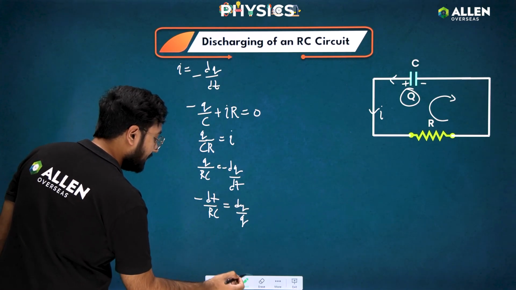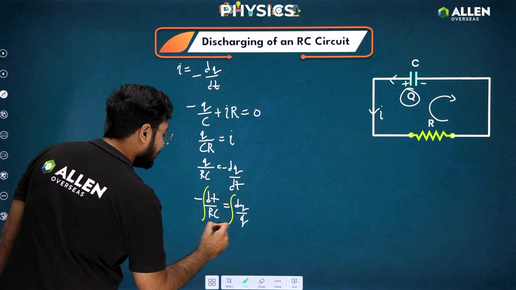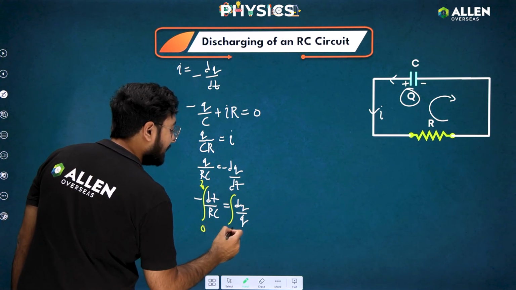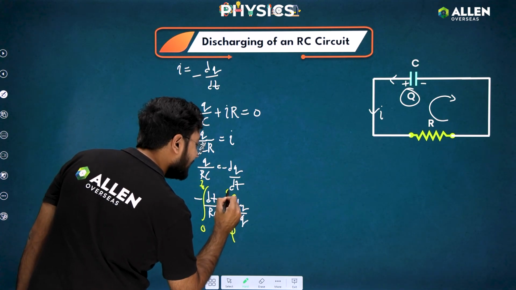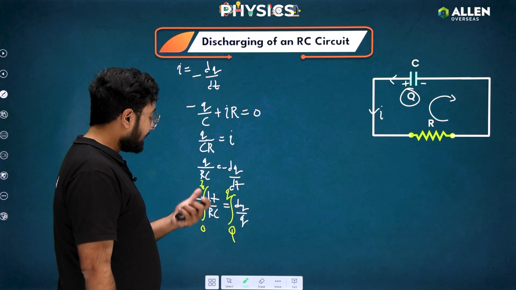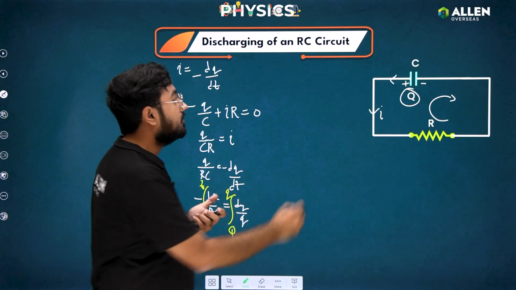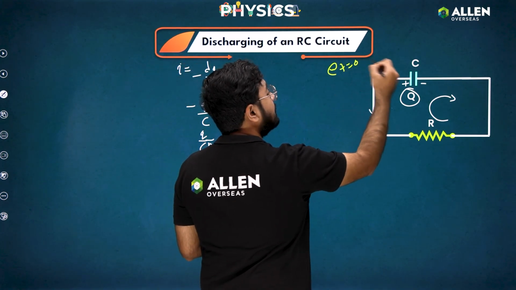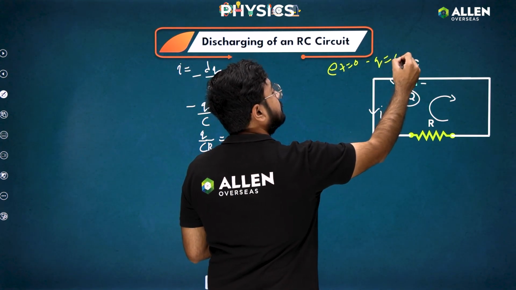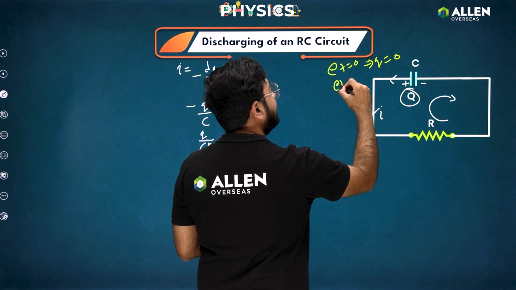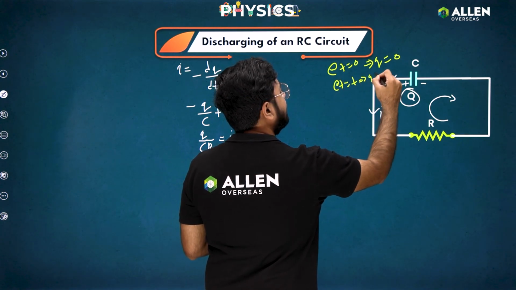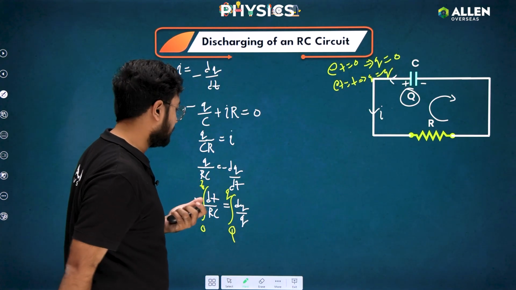And now when you are going to integrate this thing, this will be from 0 to t, and now this will be from Q to any charge q. At time t, it is q. At t is equal to 0, charge is Q, right? And at t is equal to t, charge is any charge q.